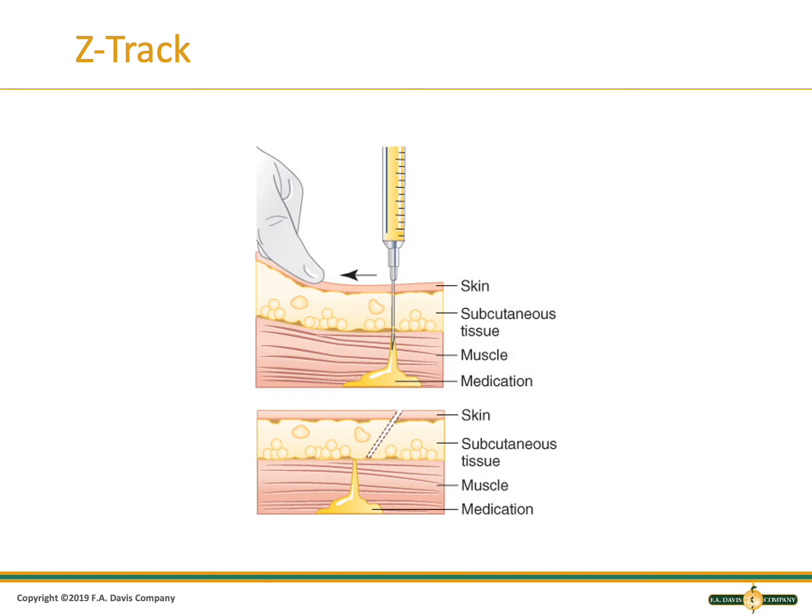And again, as you'll read in your book, the purpose of the Z-Track medications is to prevent irritating medication in the injection, or dark colored medications that could stain, to keep those away from the subcutaneous tissue.